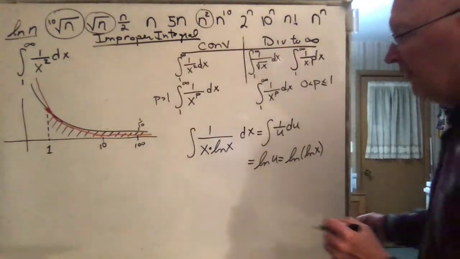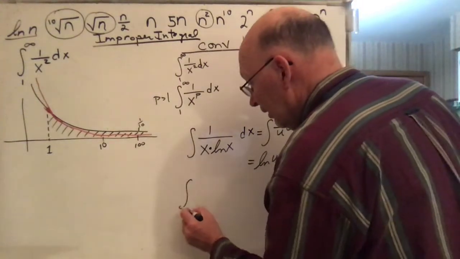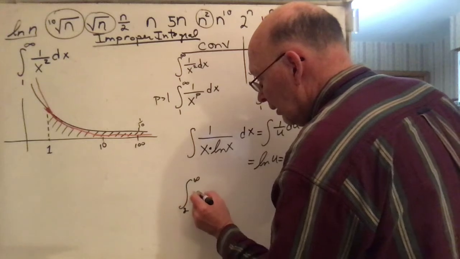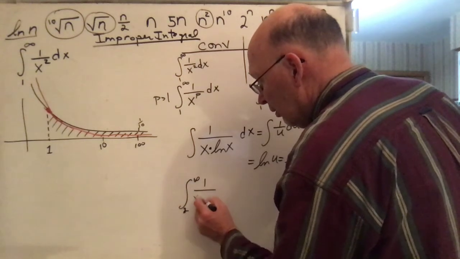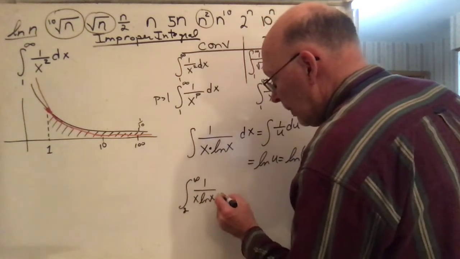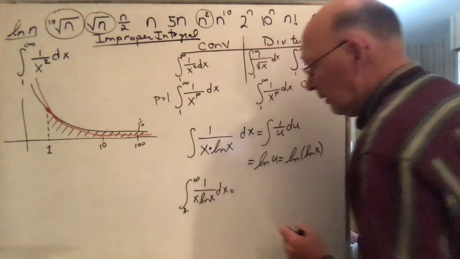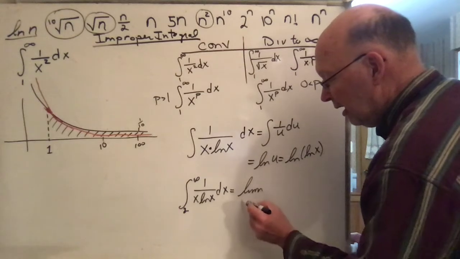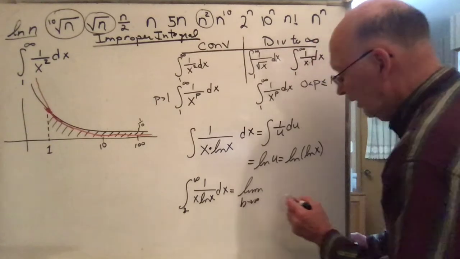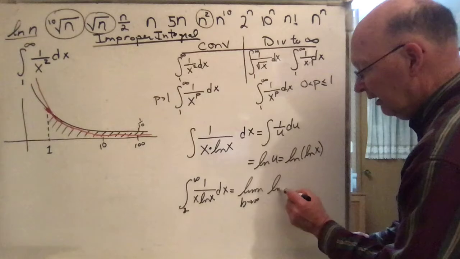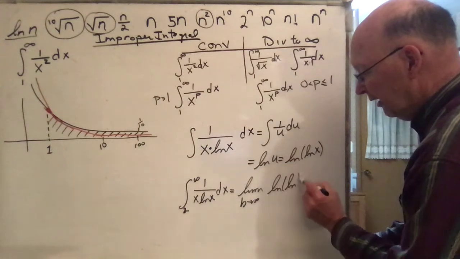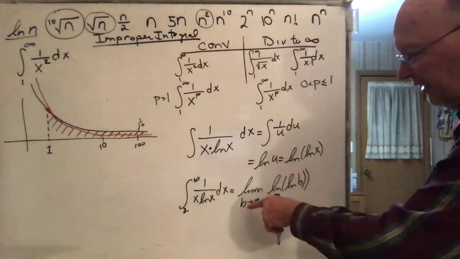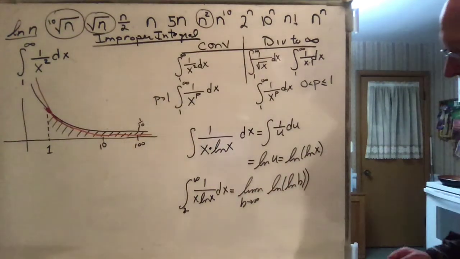So if I want this thing right here from 2 to infinity, I really just want the limit as b goes to infinity of the ln of b minus the ln of 2, which is just going to be a constant.